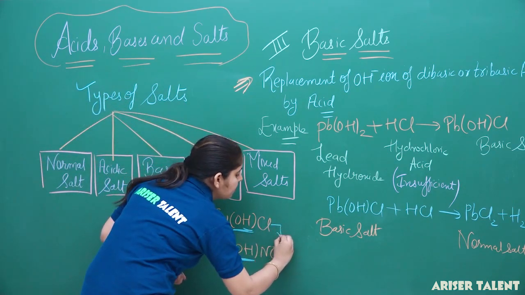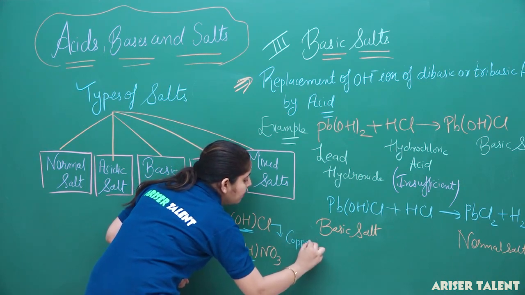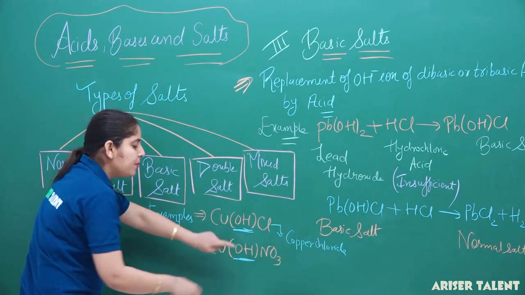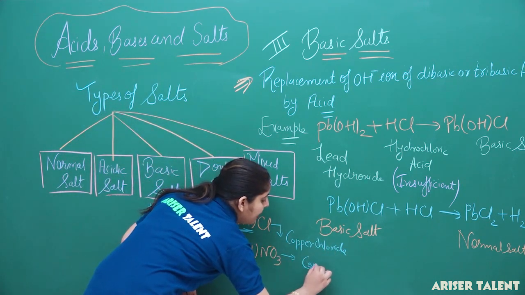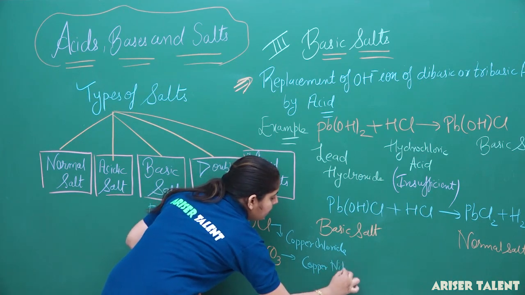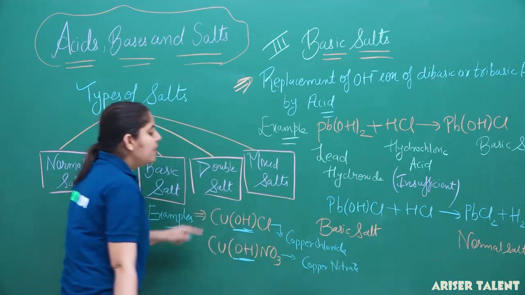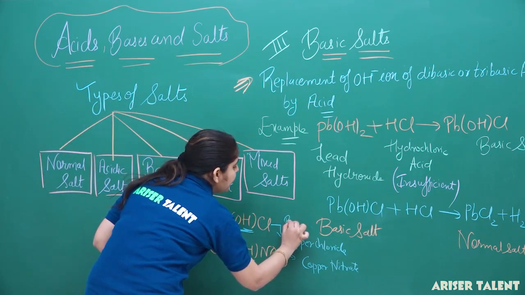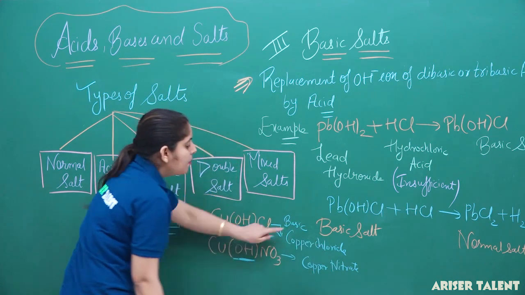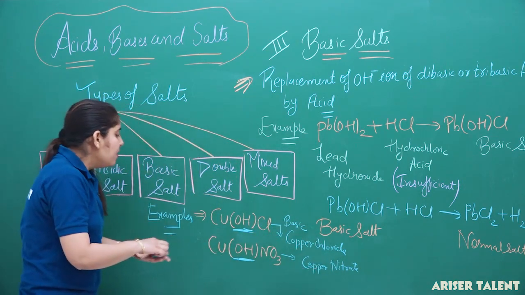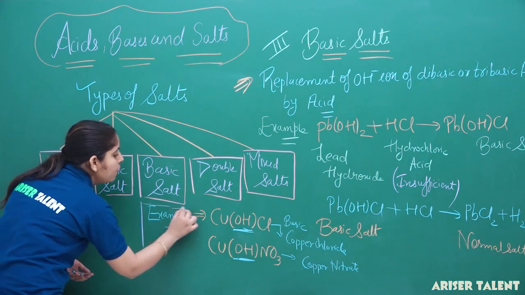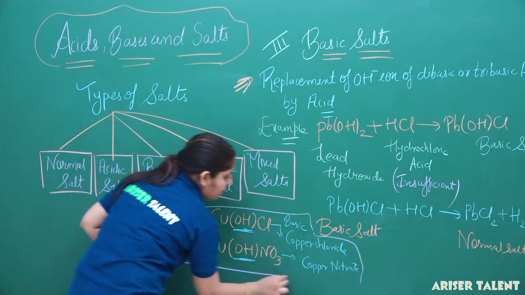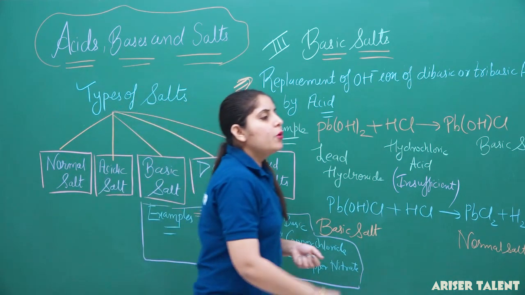This is copper chloride, and OH is again present here. And this is copper nitrate. These are actually basic copper chloride and basic copper nitrate because OH is present here. So here are a few examples of basic salts. You can copy it from here.